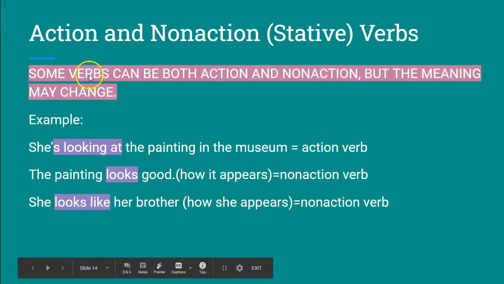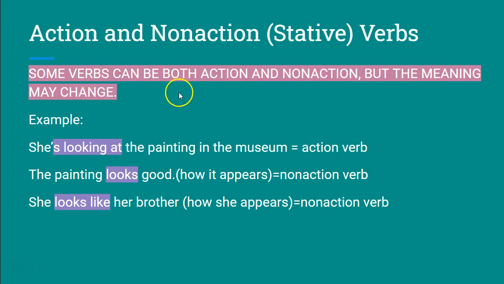Now, some verbs can be both action and non-action, meaning that we can use them in simple present and in present continuous, but the meaning changes. For example, if we say she's looking at the painting in the museum, this is an action, and we can use it in present continuous. Notice that we use at with it. The painting looks good.